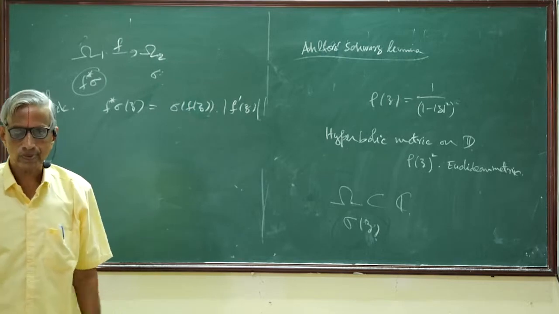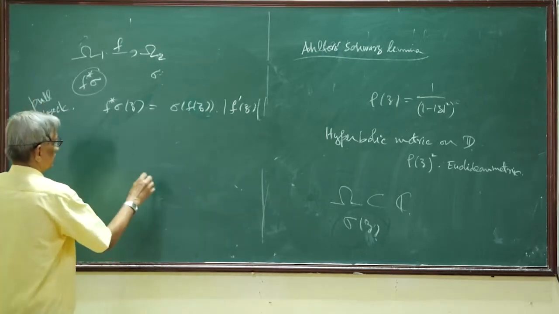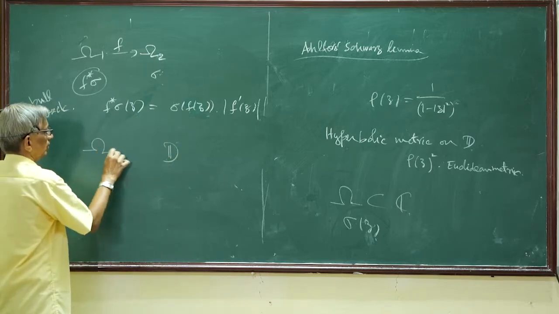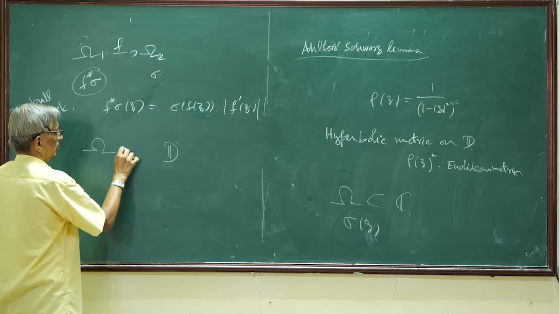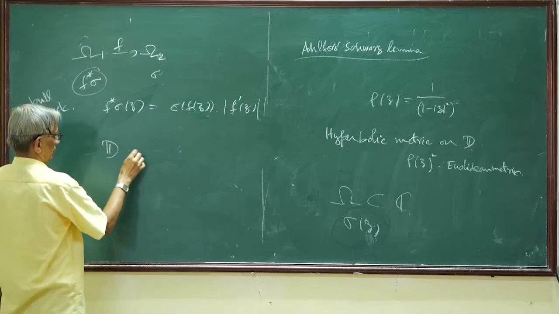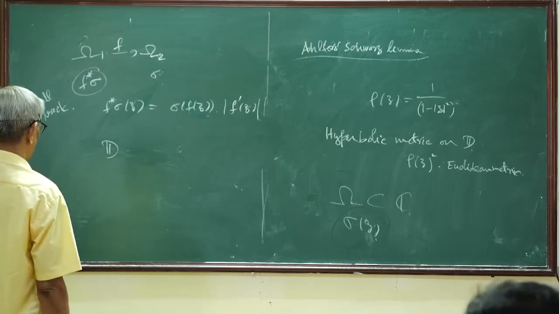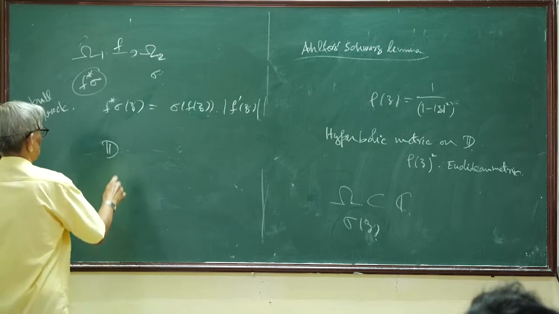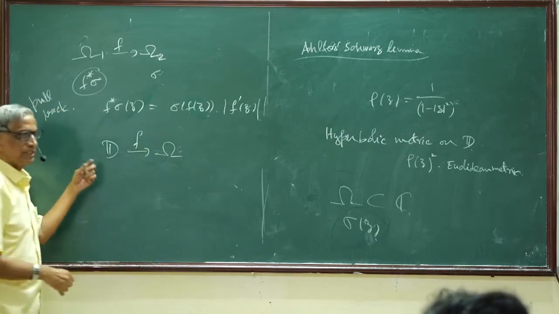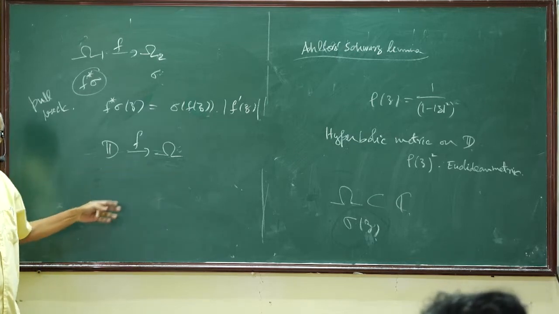What Alfors' lemma says is that if you have D, the disk on this side, you have some domain here, right?